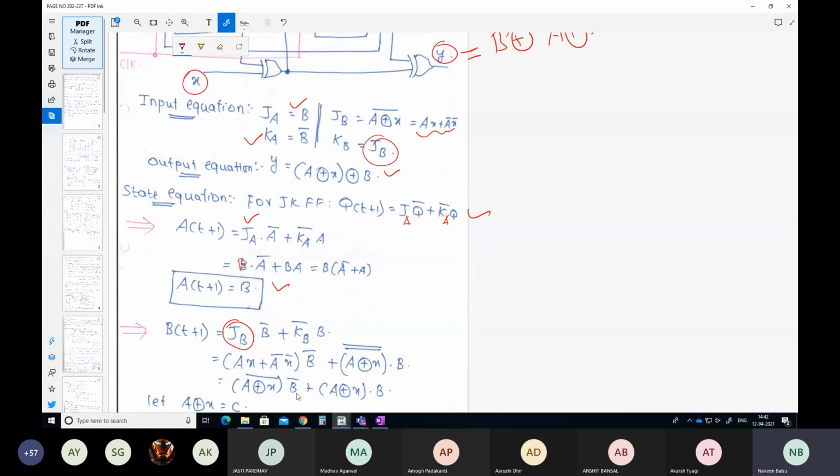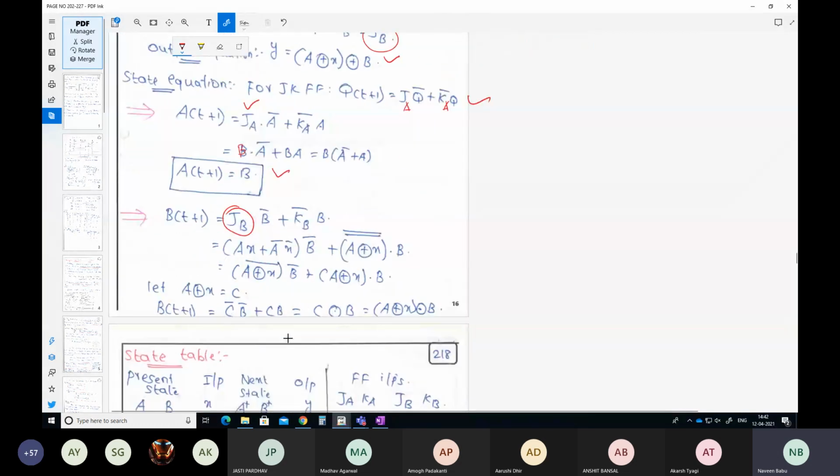Complement of a complement. So if you consider this A XOR X to be C, some variable, it will be C bar dot B bar plus C dot B. So what is this? This is nothing but an XNOR operation. So replacing the C with A XOR X, you get A XOR X XNOR B, right? So now these are our next state equations.